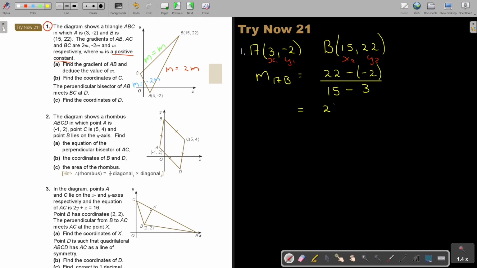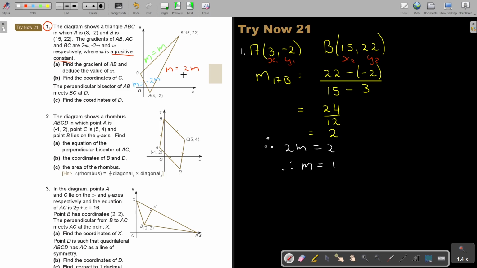So this is going to be 24 over 12, and the value is 2. Don't forget, this was 2m, so therefore 2m is equal to 2. So therefore m is equal to 1.